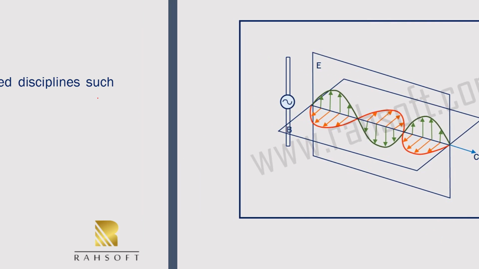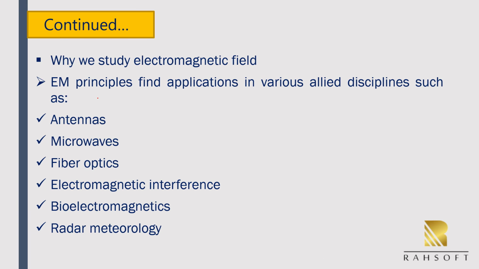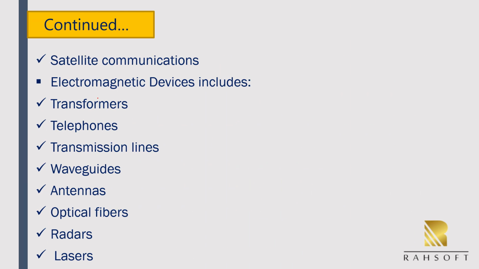So you can see here why we study electromagnetic fields. EM principles find applications in various allied disciplines such as antennas, microwaves, fiber optics, electromagnetic interference, bioelectromagnetics, radar meteorology, satellite communications, and electromagnetic devices, which include transformers, telephones, transmission lines, waveguides, antennas, optical fibers, radars, and lasers.